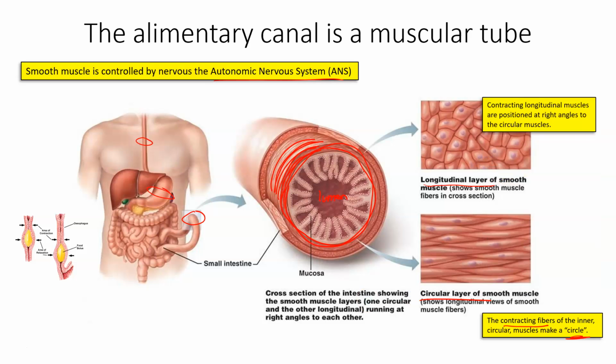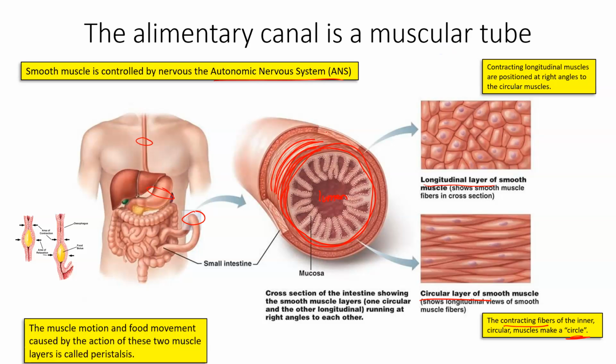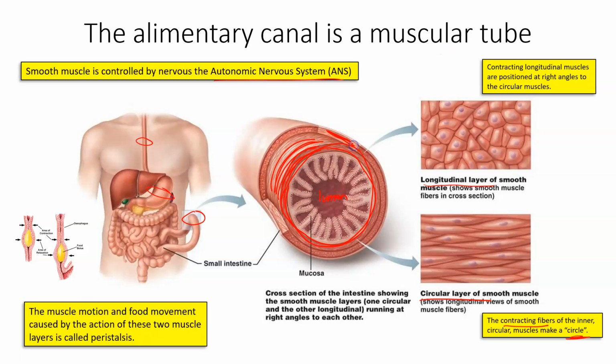The longitudinal layer is actually running lengthwise down the length of the tube. Okay? Again, these are positioned at right angles to the circular muscles, and because the longitudinal layer and the circular layer can contract and relax at the same time, you get this process called peristalsis, which is the way that the two layers work in concert or in tandem with each other.